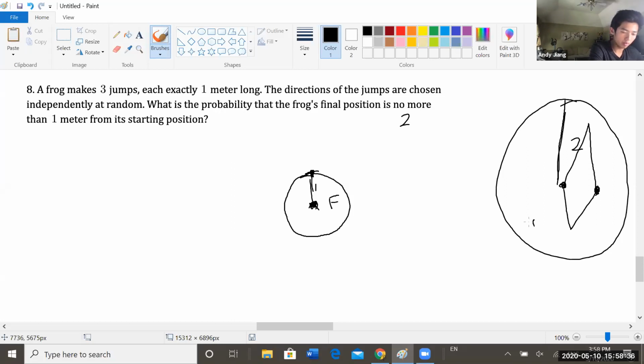If I choose this point, I either go like that or like that. At the outer edges, there's only one way, but it doesn't really matter, because there are infinitely many points in this circle and each one is equally probable. So it doesn't matter that the outside edge only has one way to get to it.